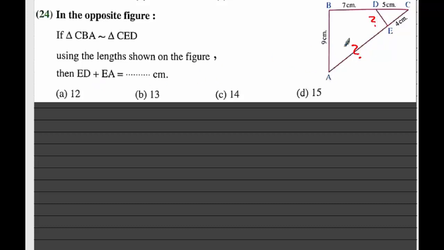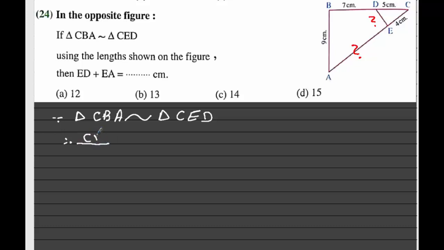Okay, so first we calculate each of EA and ED as follows. Here we must study the two triangles are similar, so we write since triangle CBA is similar to triangle CED, the corresponding sides are proportional.